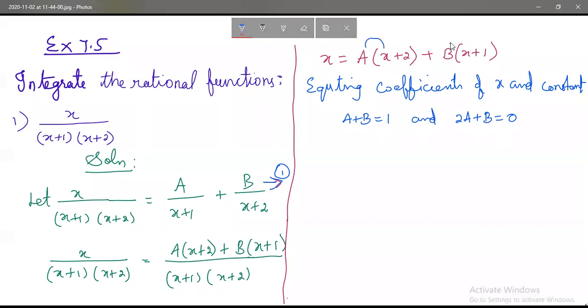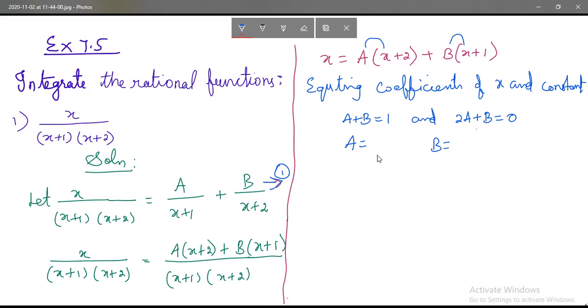A into x, B into x, so A plus B into x. So A plus B is the coefficient of x, and on the left side the coefficient of x is 1. On the left side the constant term is 0, and on the right side A into 2 is 2A, B into 1 is B, so 2A plus B is the constant term. So 2A plus B is equal to 0. Now you solve these two equations and find the values of A and B.